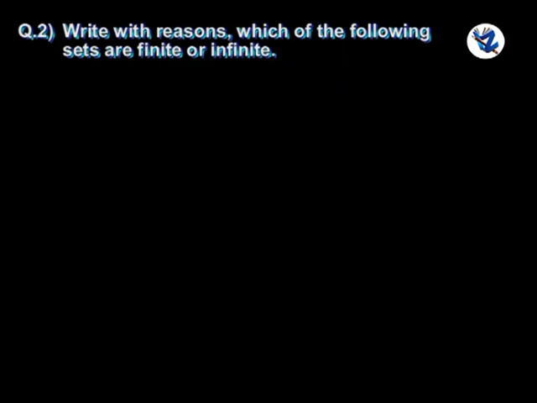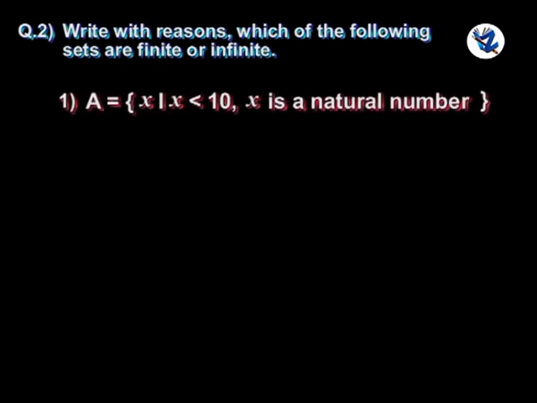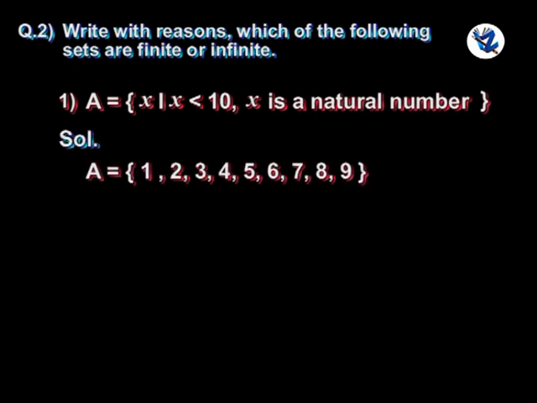One more question. Write with reasons which of the following sets are finite or infinite. A is equal to {x such that x is less than 10, x is a natural number}. So we'll write down in listing method A is equal to {1, 2, 3, 4, 5, 6, 7, 8, 9}.